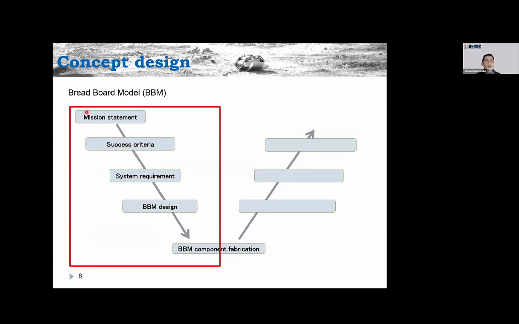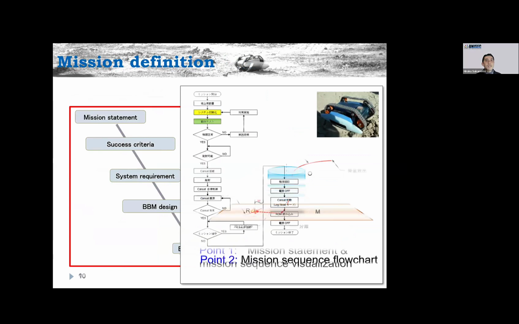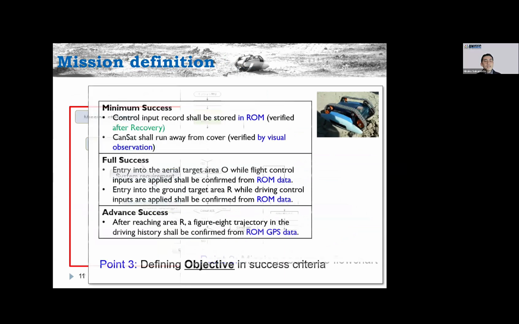First, I ask students to design the CANSAT using a breadboard model. The left-hand side shows the design and the decomposition, basically. Students first make a visualization of the mission, then make a flowchart to determine the sequence.